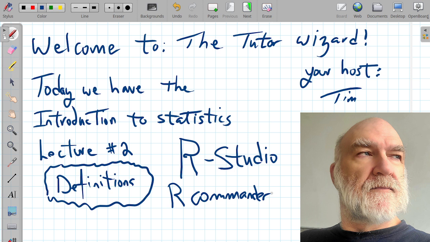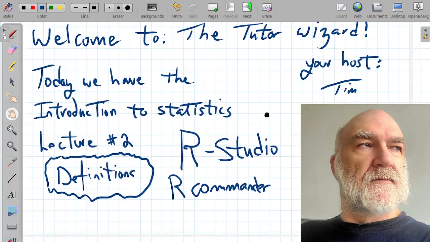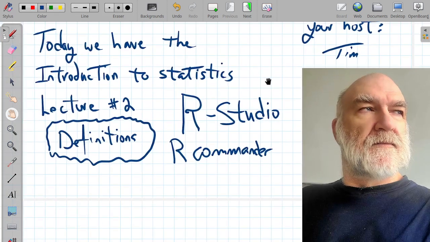It's got a Canadian connection, yay us. It's very much a point-and-click interface, but it does have a few quirks as well. Not as many quirks as, say, R Studio. And for the average neophyte user, if you asked my opinion, I would say this is your first choice. This would be your second choice.